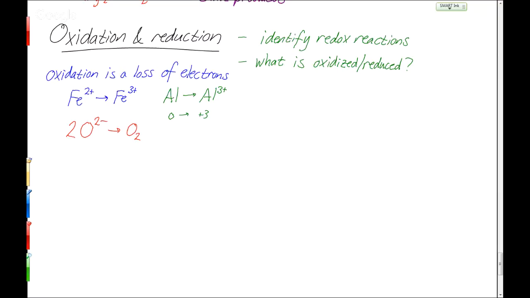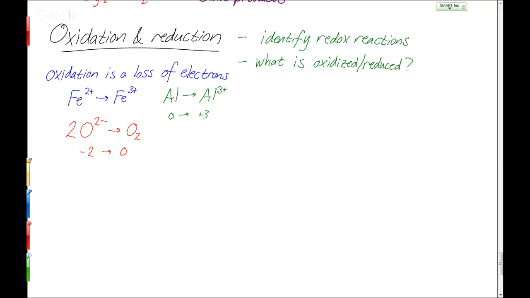That's also a loss of electrons. If it started at -2, lost 2 electrons, it would be 0. So those are all examples of loss of electrons. You can either become more positive, going from 0 to positive, or you can go from negative to 0, or just to less negative. Usually it's to 0.